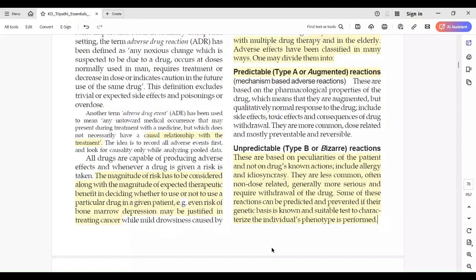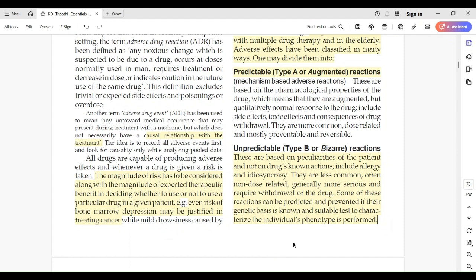Some of these reactions can be predicted and prevented if their genetic basis is known and a suitable test to characterize the individual's phenotype is performed. As I said, they occur in only a few patients because of their genetic makeup, because some enzymes are less in their body.